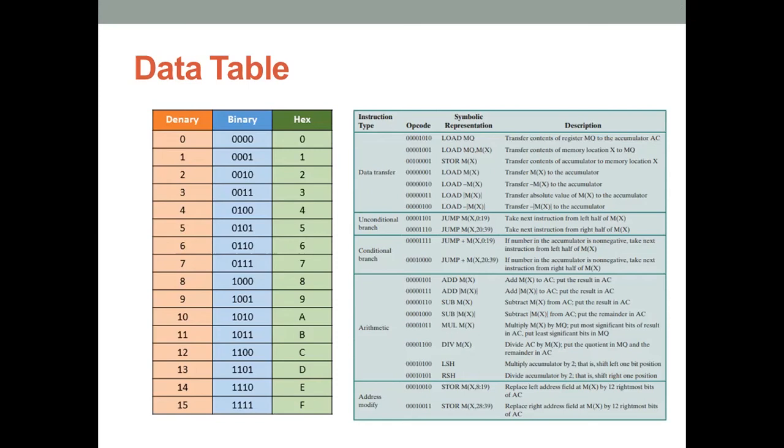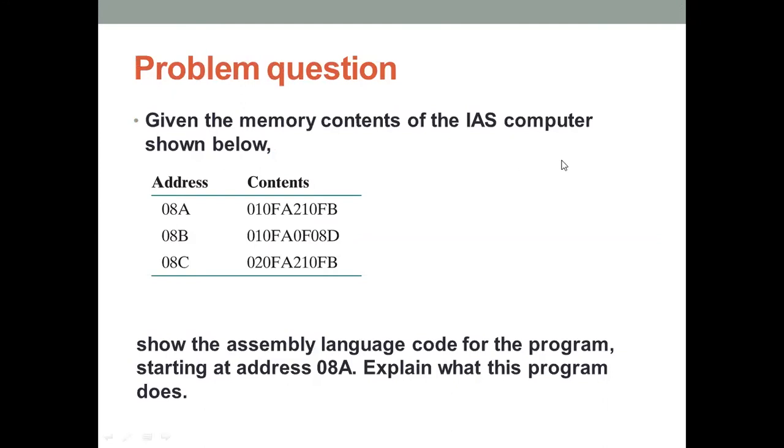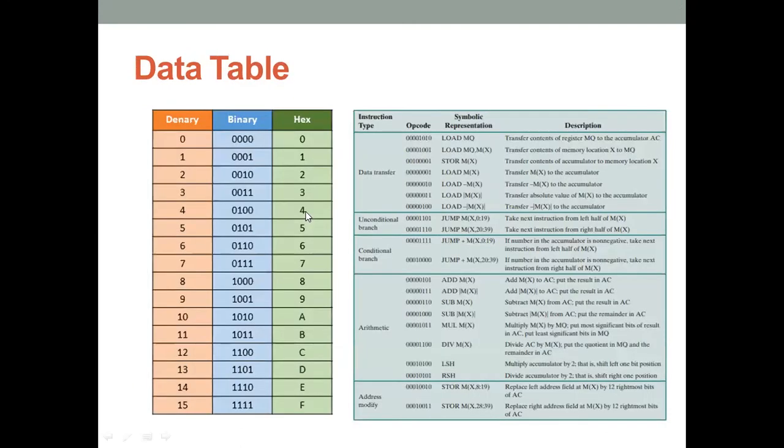The name of the table is IAS, like this, IAS computer. This is the table of the IAS computer. First, you should know about the data table: hexadecimal, binary, and denary, or we can say decimal. And this is the table.